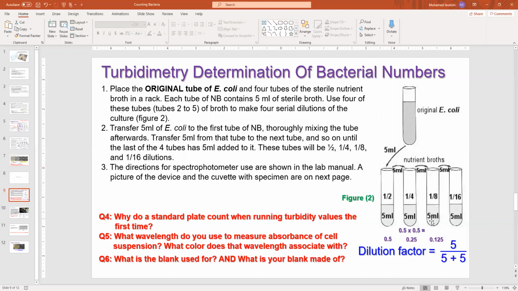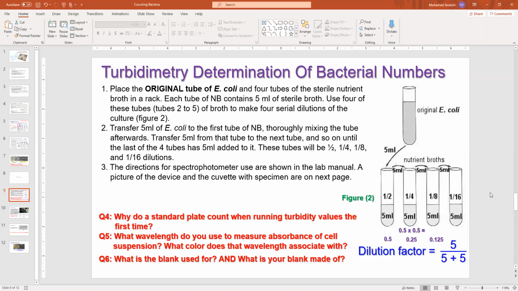Let me ask you this. Which one of those has the most bacteria and which one has the least? The half has the most, perfect, because this is the most concentrated here. And then the least concentrated will be the one, right? Great, 1/16, perfect.